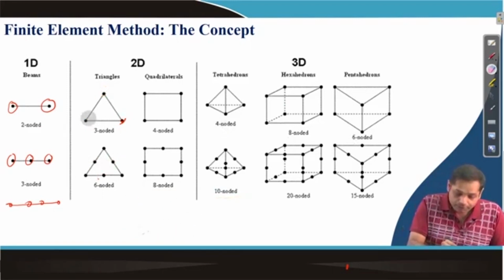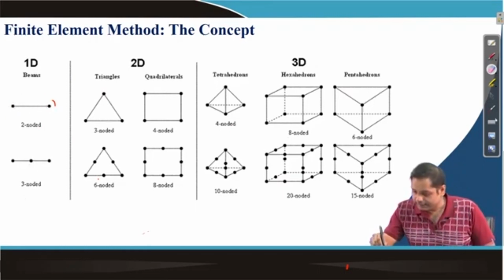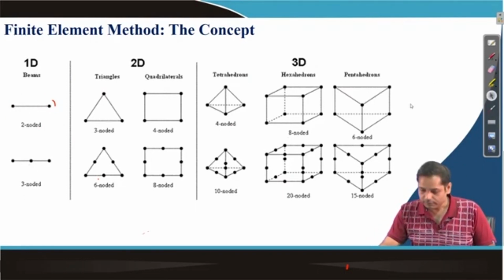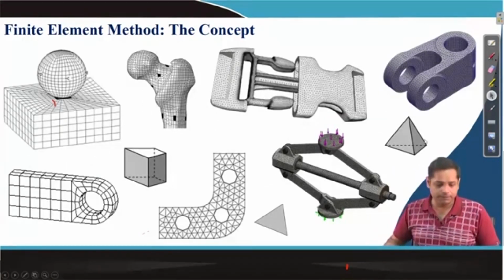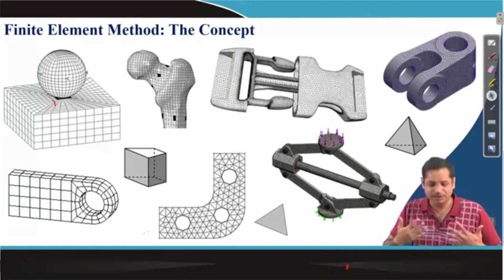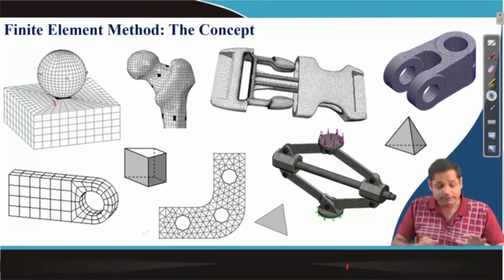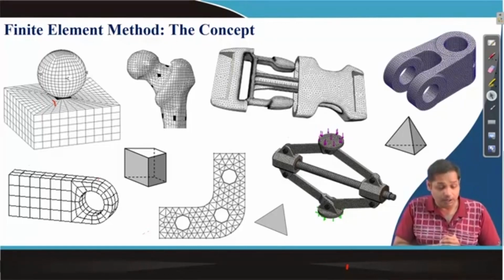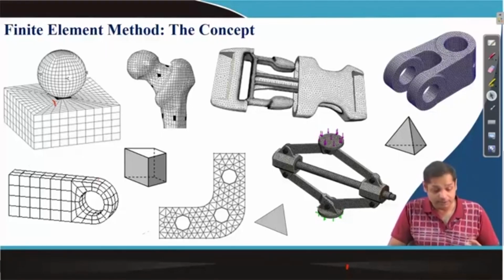So finally, let us see some examples, just for the visualization, for different problems. For instance, the first problem is you have a solid object and a spherical ball is impacting on that surface.